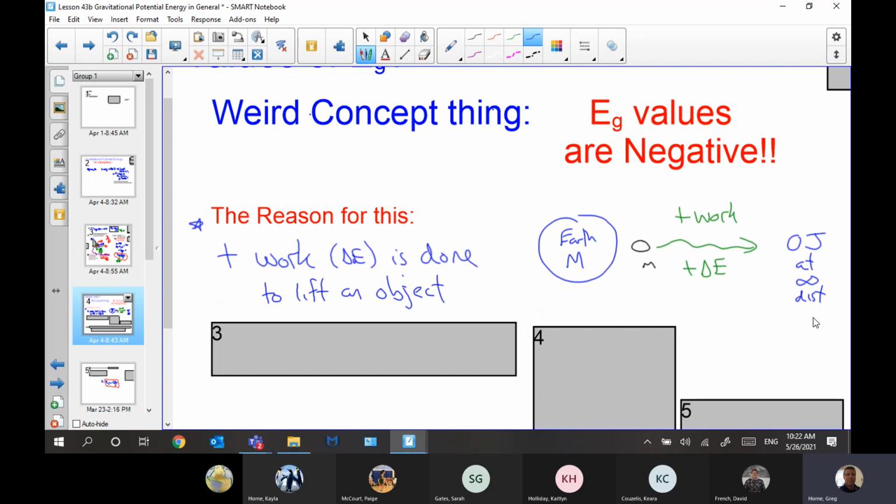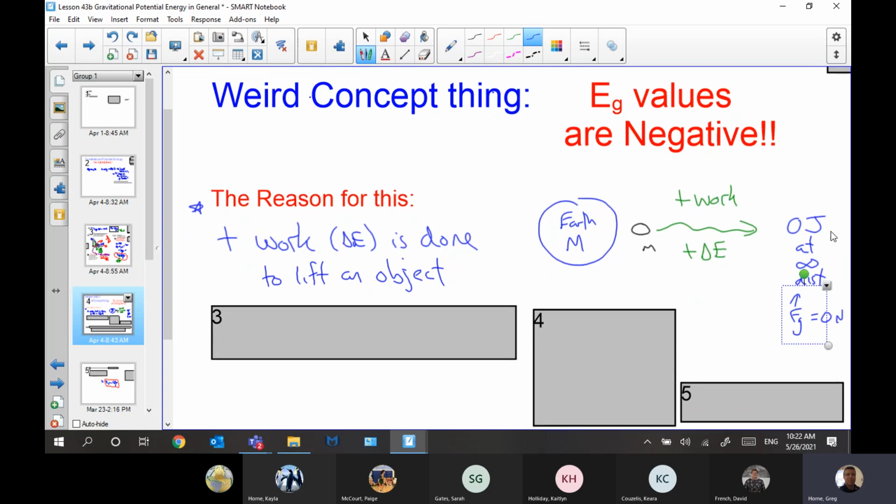At an infinite distance, you've got no gravitational force, Fg equals 0. So that's considered zero joules of energy because you have no gravitational force. That means the object doesn't have any potential energy relative to that object that would otherwise have forces on it. If you let go, it's not going to go anywhere. It's not going to accelerate to the left or the right.